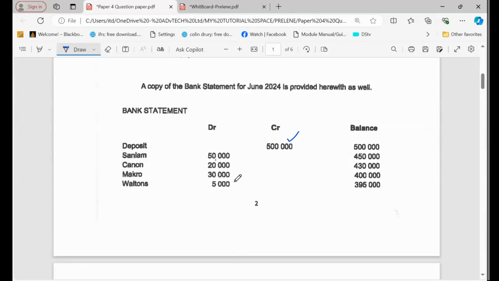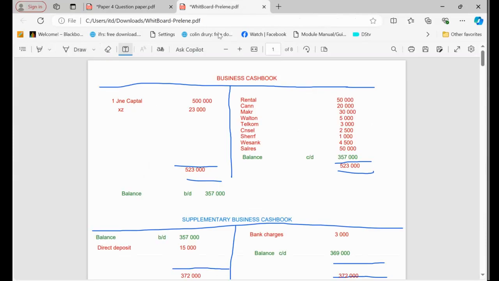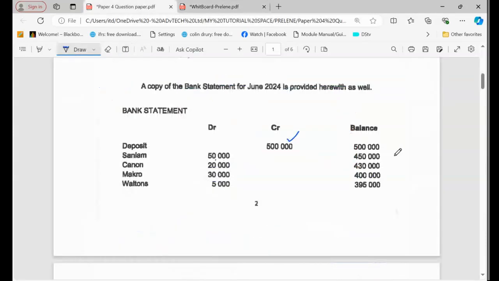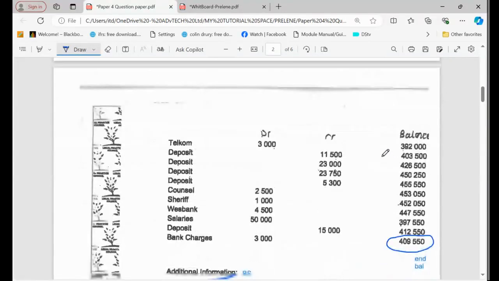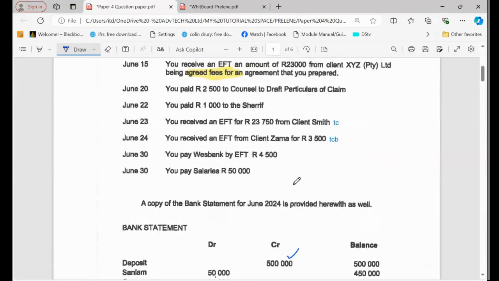Okay. The other one is, do we have 23,000? Let's go and check it as a deposit. Yes, I do. 23,000. Can you see how I find my deposits? I start from my cash book and check if those amounts received appear on the bank statement.